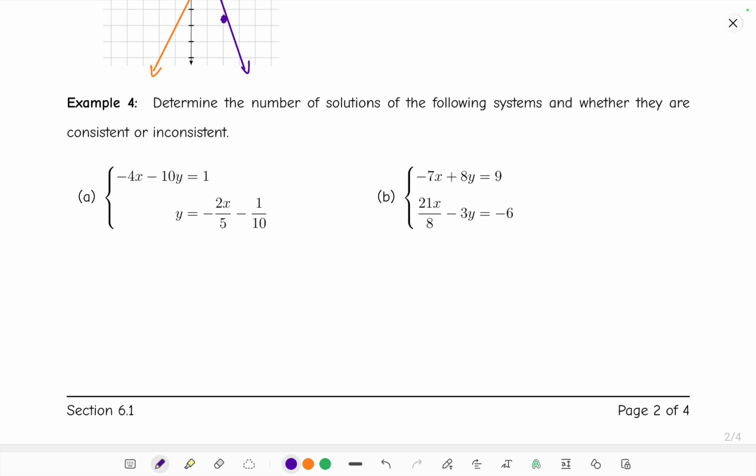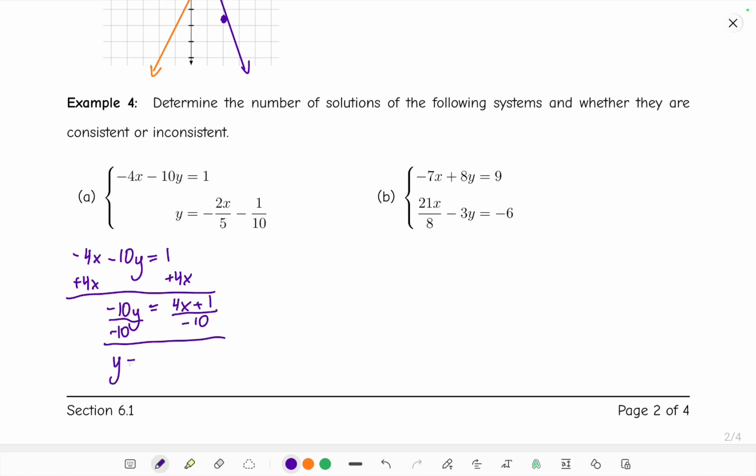So for part A, we have negative 4x minus 10y equals 1. That's not in slope-intercept form. So negative 4x minus 10y equals 1. Add 4x, add 4x. Negative 10y equals 4x plus 1. Divide by negative 10.